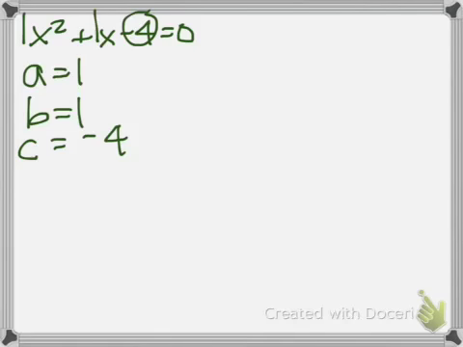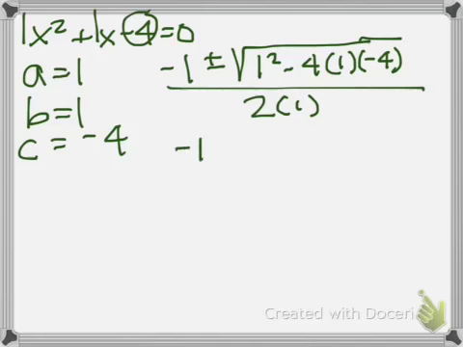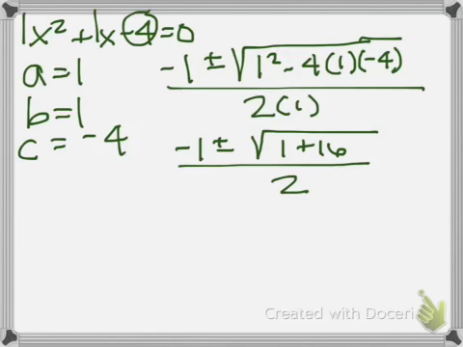Okay, now we're going to use the quadratic formula, which is the opposite of B plus or minus the square root of B squared minus 4 times A times C, all over 2A. Now we'll just simplify that. -1 plus or minus the square root of 1 plus 16, all over 2.